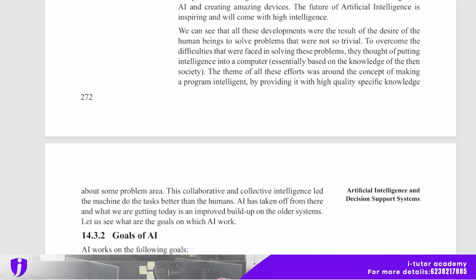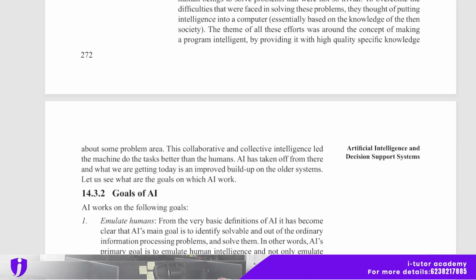They thought of putting intelligence into a computer, and the theme of all these efforts was making a program intelligent by providing it with high quality, specific knowledge about some problem area. This collaborative and collective intelligence led the machine to do tasks better than humans.